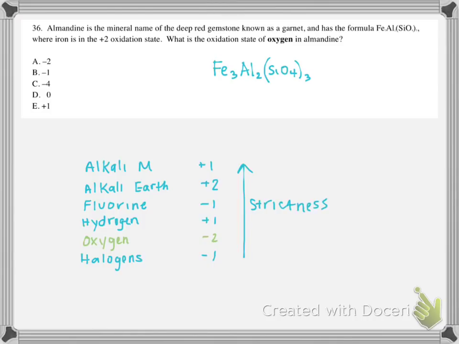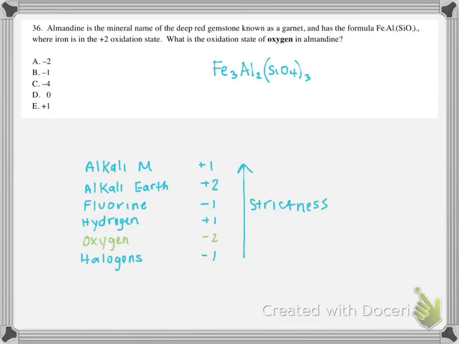So if we think about things from the perspective of oxygen, only things written above it in this table can get it to change its oxidation state. Okay, so only if there's an alkali metal, an alkaline earth metal, fluorine, or hydrogen that force the oxygen to change its oxidation number. Otherwise, oxygen is always going to be -2.